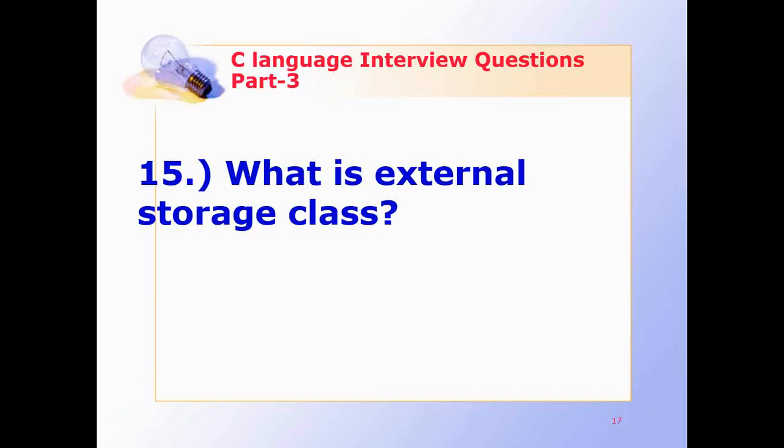In case of a large program containing more than one file, if the global variable is declared in file 1 and that variable is used in file 2, then the compiler will show an error. To solve this problem, the keyword extern is used in file 2 to indicate that the variable specified is a global variable declared in another file.